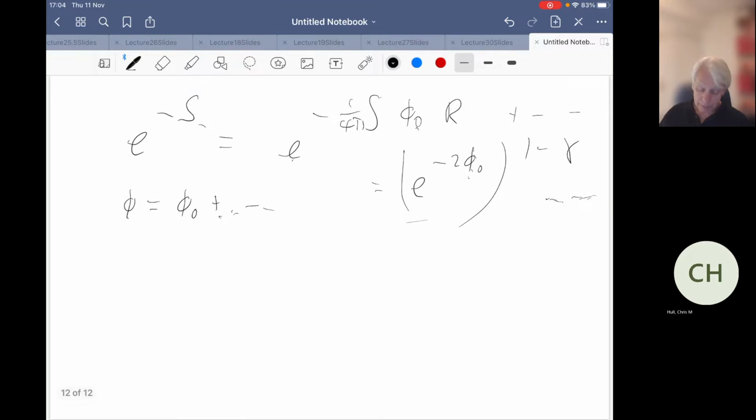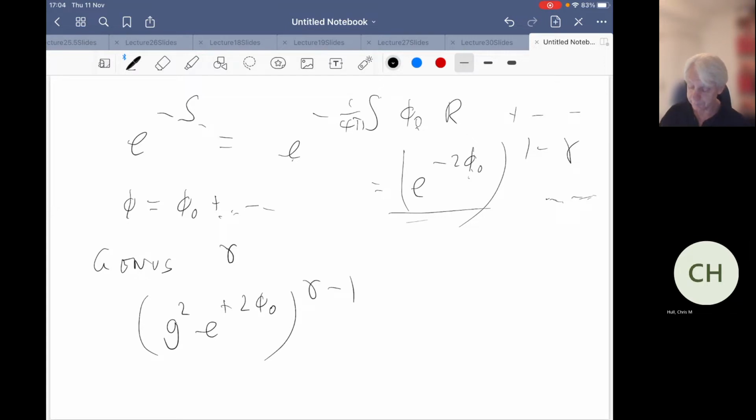This is precisely the same way in which the g squared appeared. So in fact, we find that at genus gamma, we get a power of g squared to the gamma minus 1 and e to the plus 2 phi 0 to the gamma minus 1.